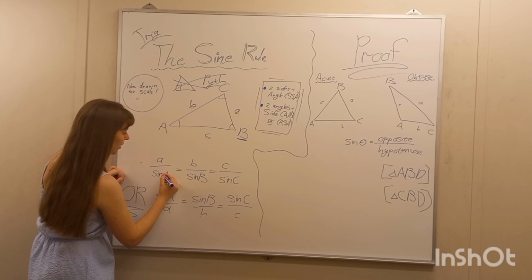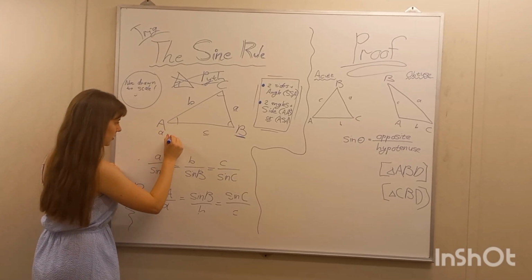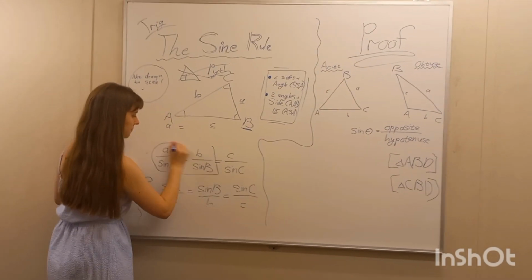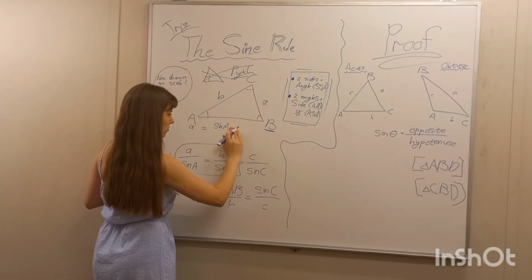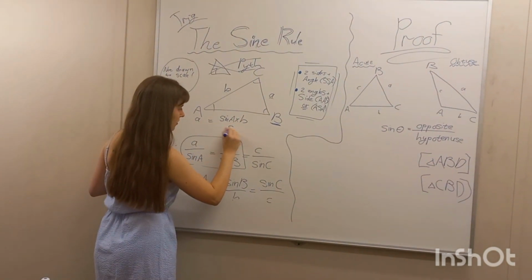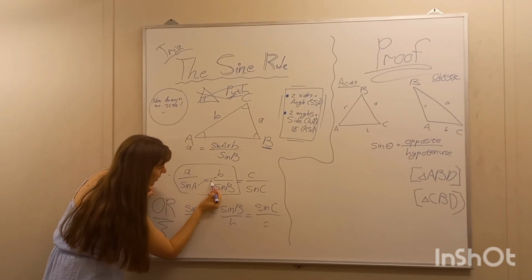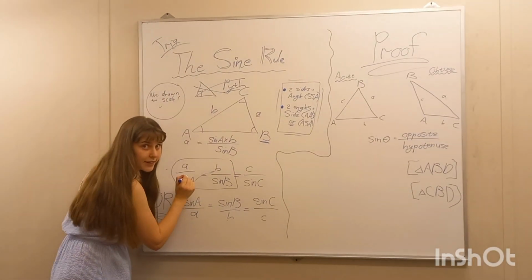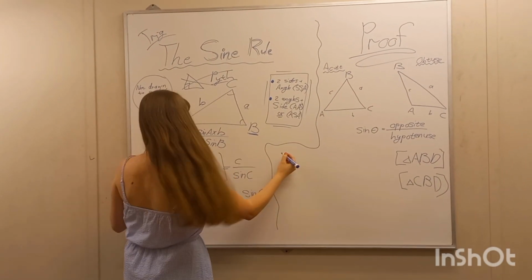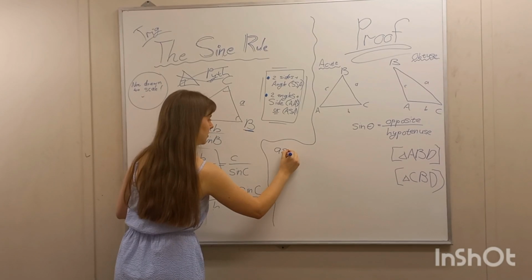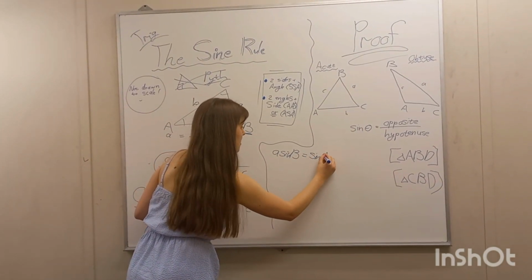Why? Because say for instance, let's only take this. a over sin A is sin A times b over sin B. You see what I did there? I only multiplied it here because then it's not divided anymore. And then I can take sin B to this side, so it would be a sin B is sin A times b.